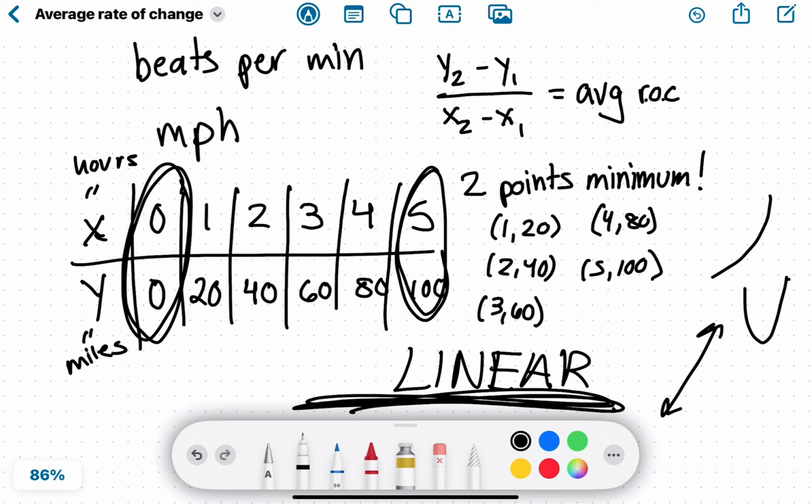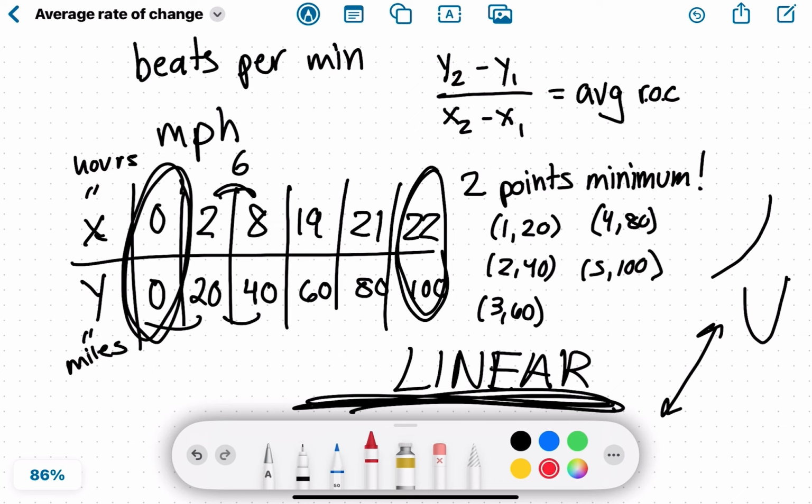But let's say x didn't go up by 1s as nicely as this, and x went up in weird increments, like 2, 8, 19, 21, 22. That way, it's not increasing by the same amount each time. If we had 0 to 1, that would be 10. 1 to 2 would be 20. 2 to 3 would be, I don't even know how much, a lesser amount. Certainly wouldn't be 10, because 2 to 8 is 6.